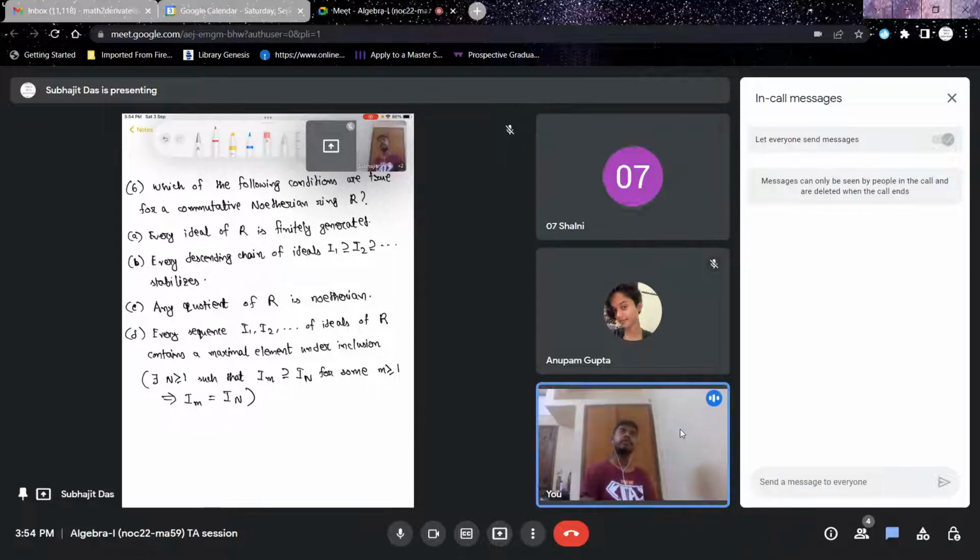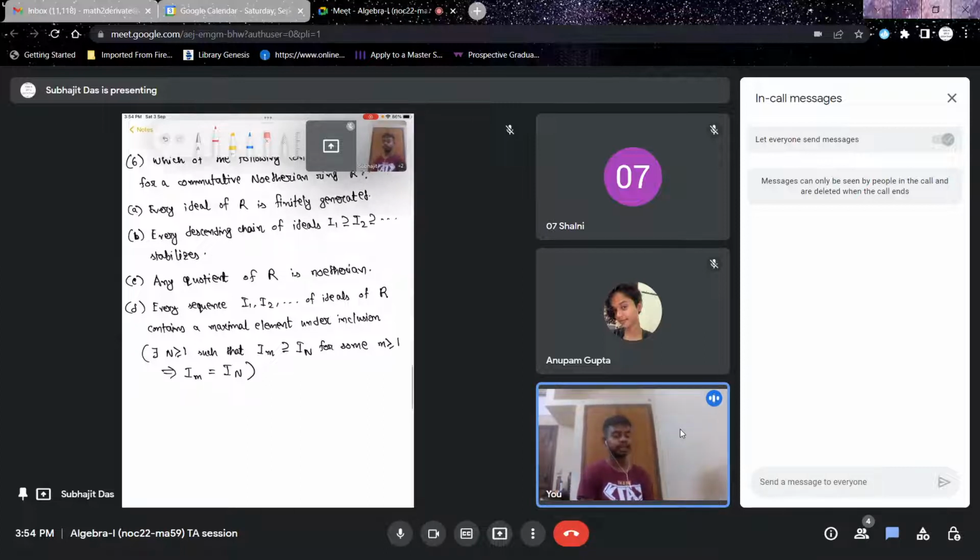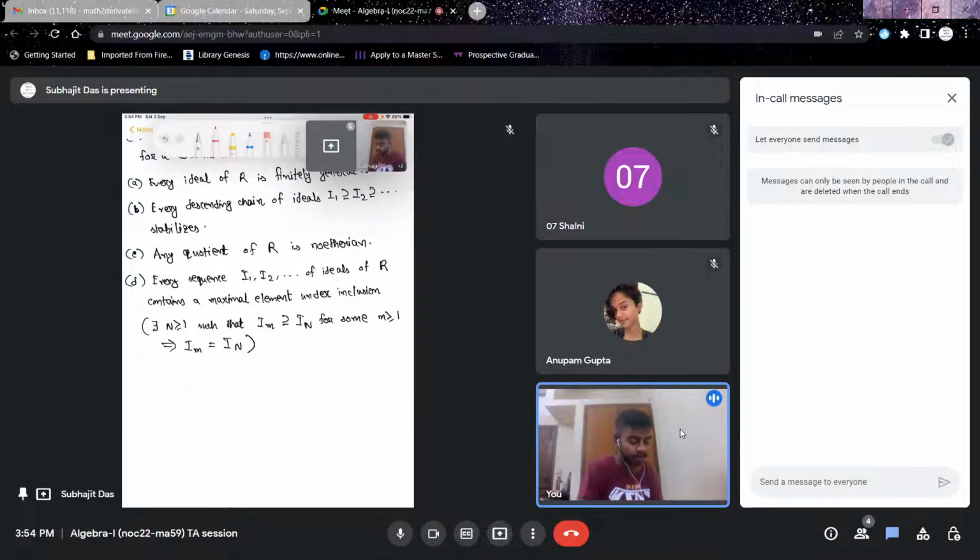Or you could say that any increasing sequence of ideals should become stationary at a certain stage, which is to say that if I_1 is contained in I_2 contained in I_3 and so on, then there exists a stage n_0 in the natural numbers such that I_{n_0} is the same as I_{n_0+1}, which is the same as I_{n_0+2}, and so on.